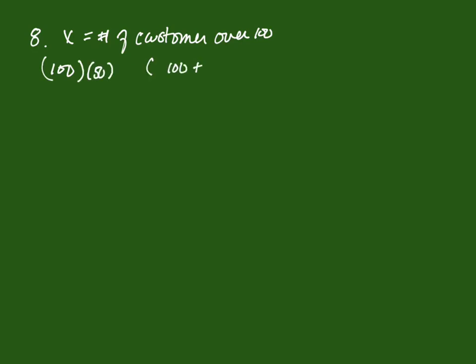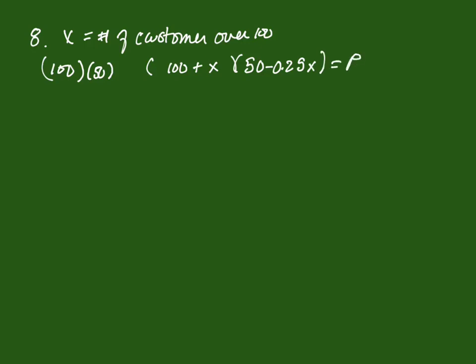So in this case, I'm going to have x be the number of customers over 100. So we had 100 and we had $50 each, and so now we'll have 100 plus x number of customers, and it's 50 minus 0.25x.